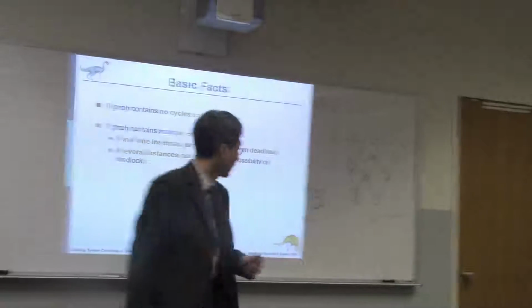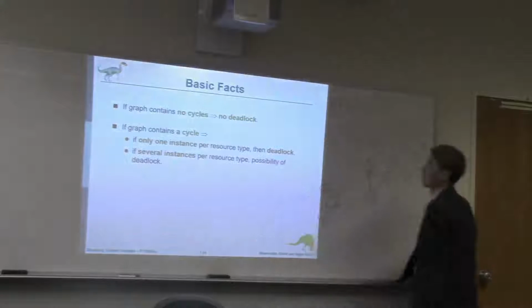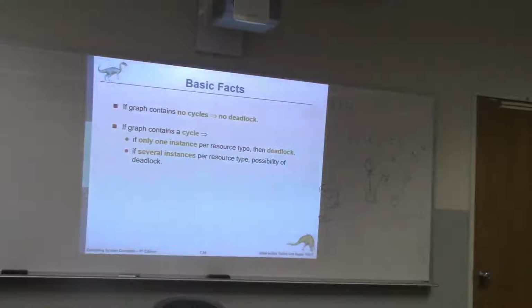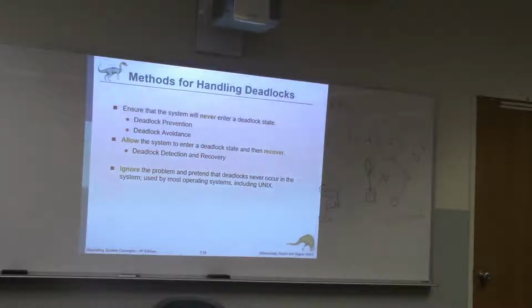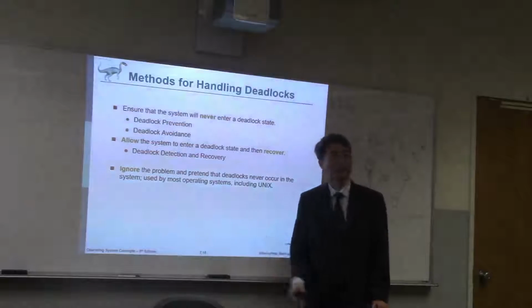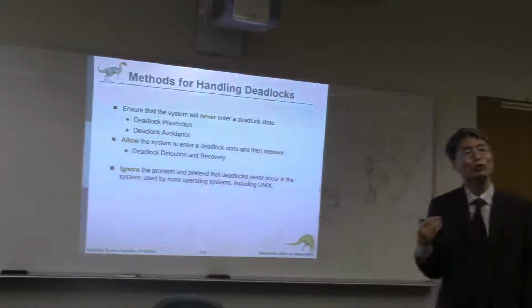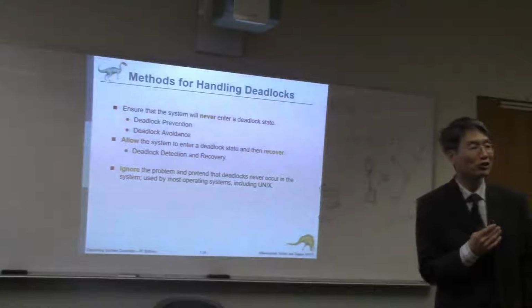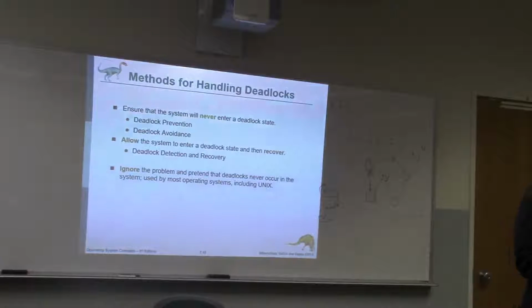Not always can it be a deadlock, even though we find the circle. So we will see. Anyway, how can we handle the deadlock? Eventually, we will see the practical solution is to ignore it, but not all operating systems ignore it. We need to know why the operating system ignores that.